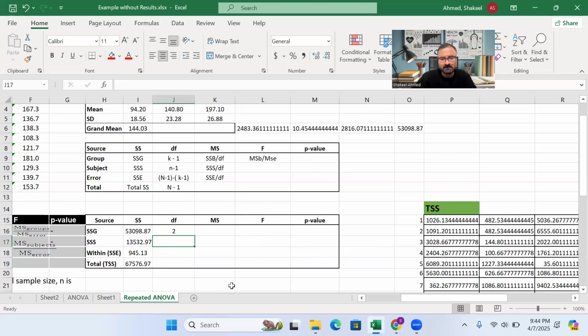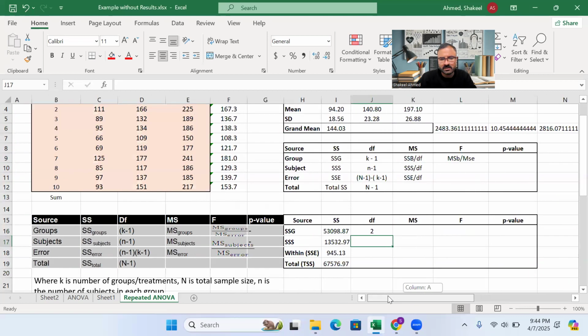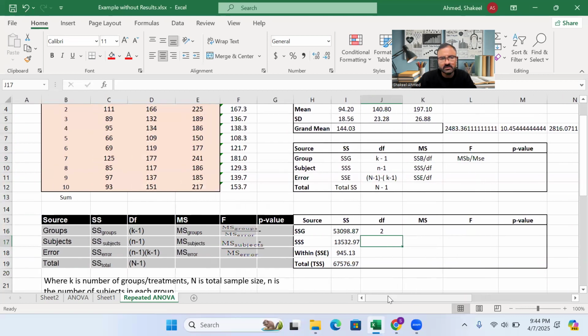And between subjects, how many subjects do we have? 10 subjects, so it should be 9. We have 30 observations, 30 minus 1 is 29, and 29 minus 11 should be 19.